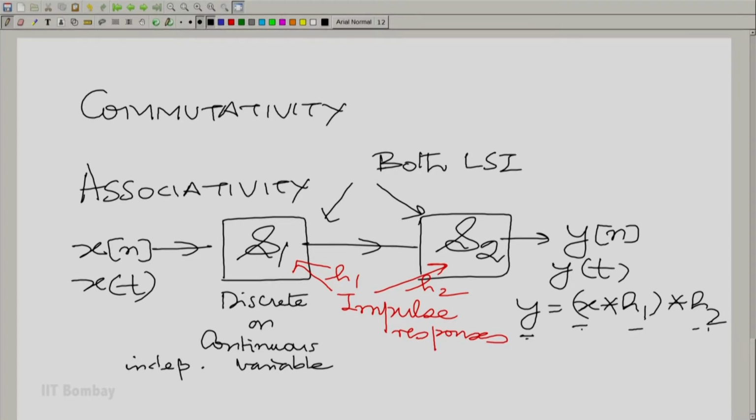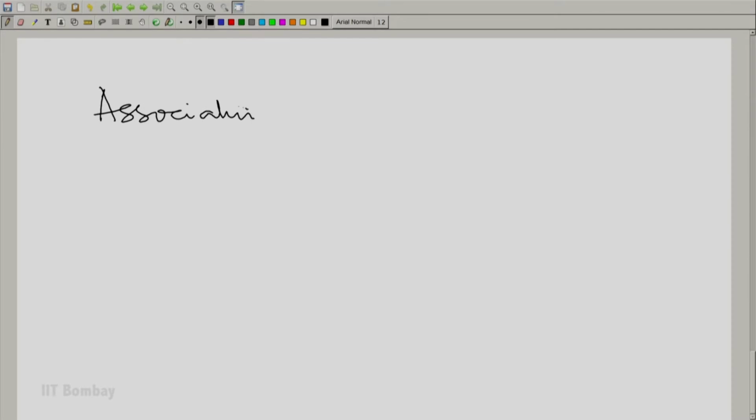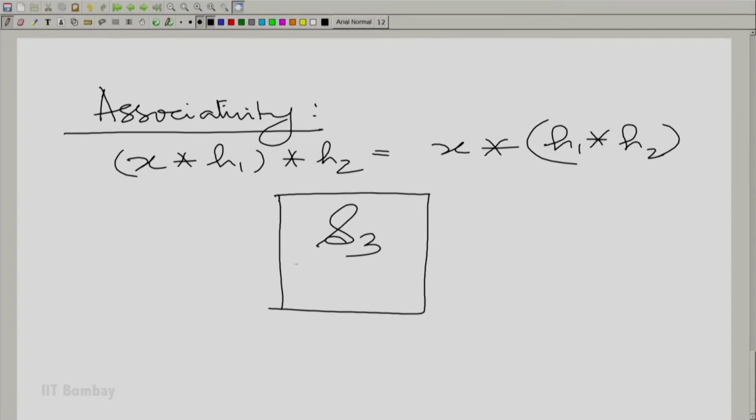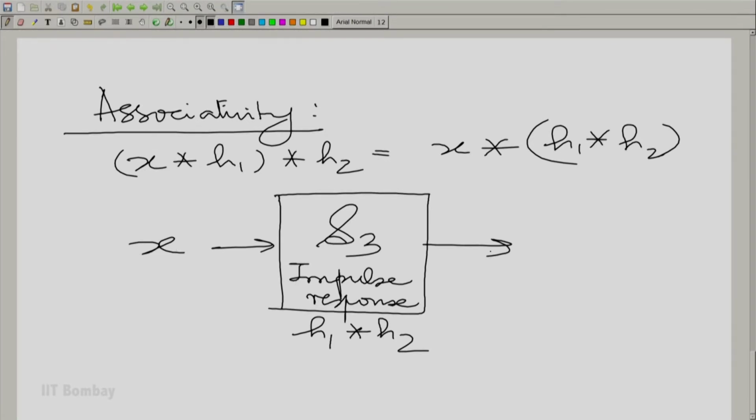The relationship is the same, and associativity tells us (x * h1) * h2 is equal to x * (h1 * h2). What is the physical implication of this? We are saying consider a third system S3 whose impulse response is h1 convolved with h2 and give the same input x to it, and you will get the same output y.